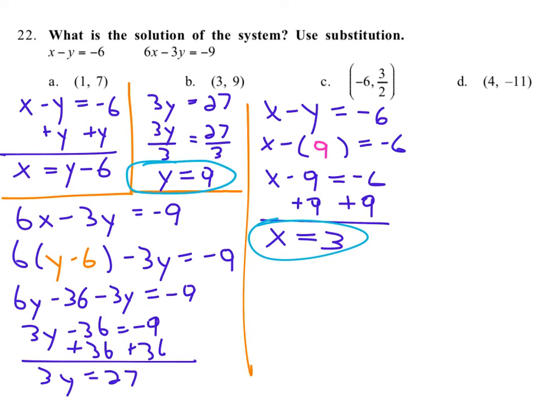But before I select B as the answer, I want to verify that the answer is correct. So how am I going to do that? I'm going to take the other equation, not the x minus y equals -6, which is what I just used here to find x.